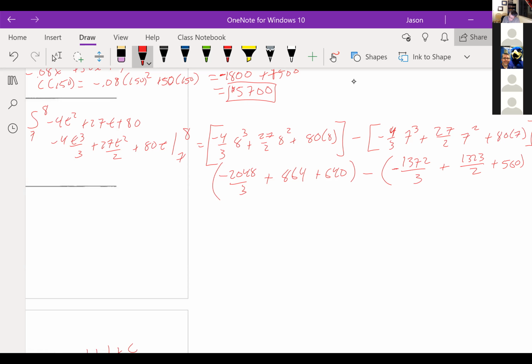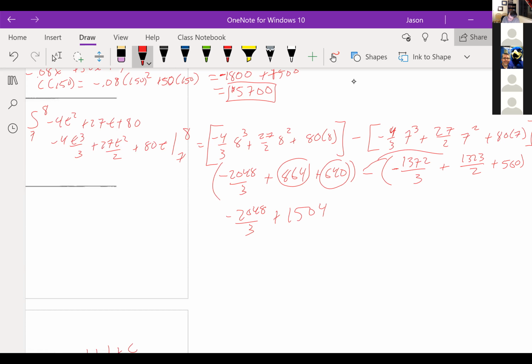Okay, so what do we got here? This is negative 2048 over 3, 864 and 640, which is 1504.